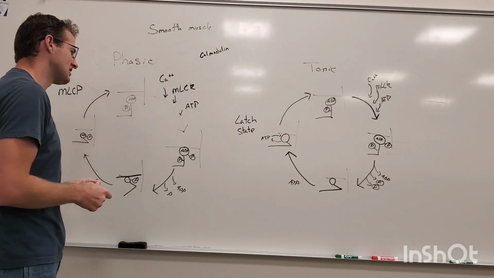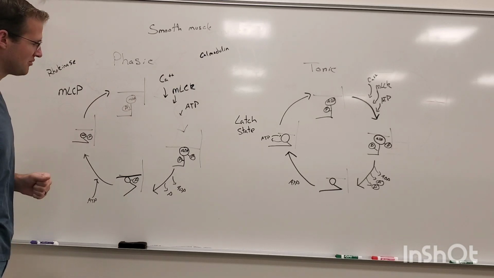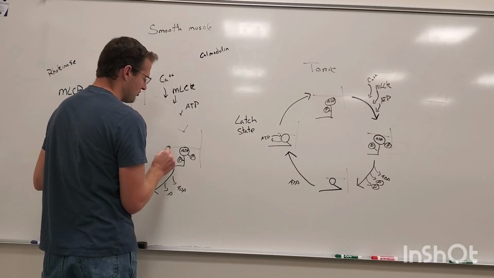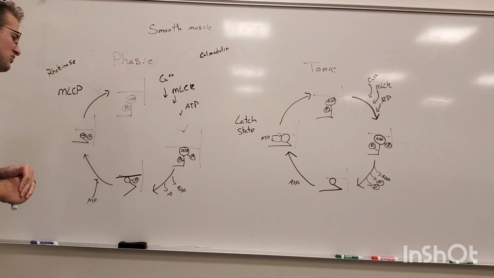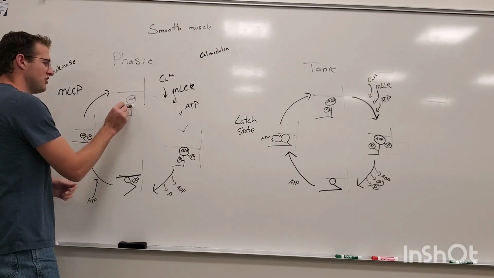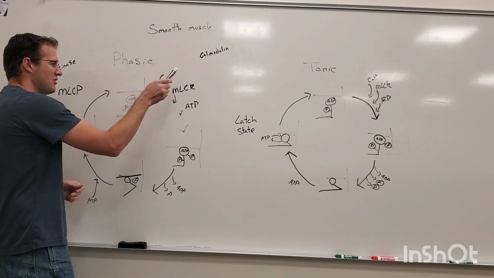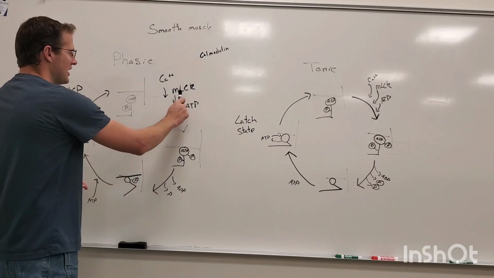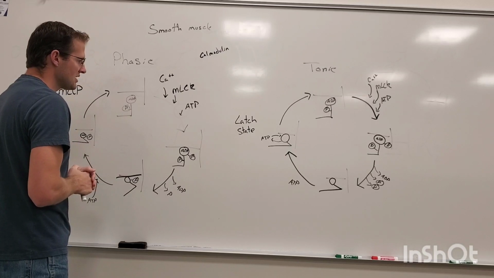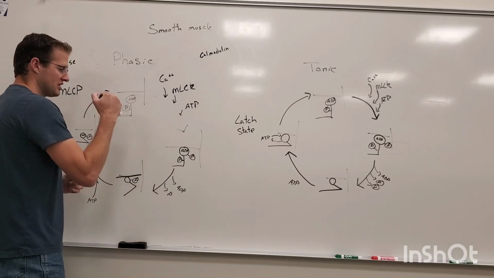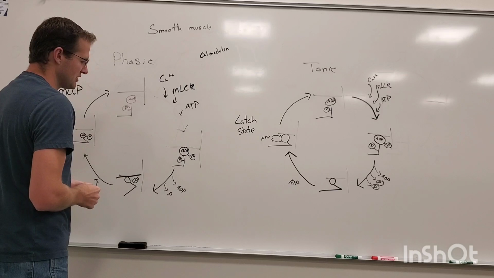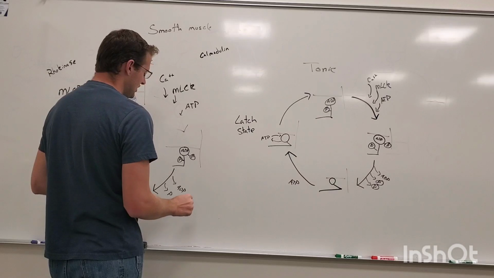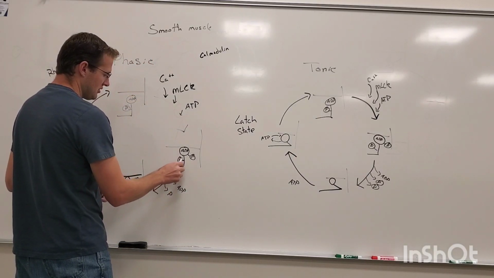That myosin light chain kinase is going to be able to force that myosin head onto the actin, and then it will leave a phosphate group on there as well. So we start with ADP up here as well as a phosphate. We have calcium, which activates the calmodulin. Calmodulin is able to activate the MLCK with an ATP. It's going to attach the myosin head to the actin, and then the phosphate groups as well. With that, like we remember before, we have energy. The energy is going to cleave this phosphate.